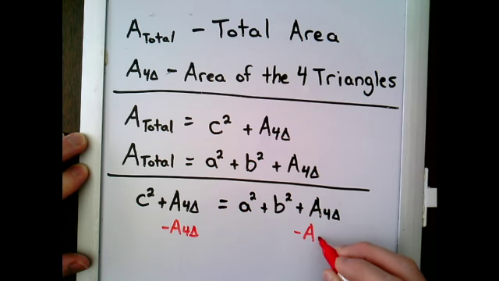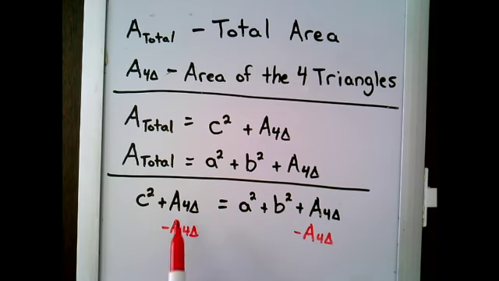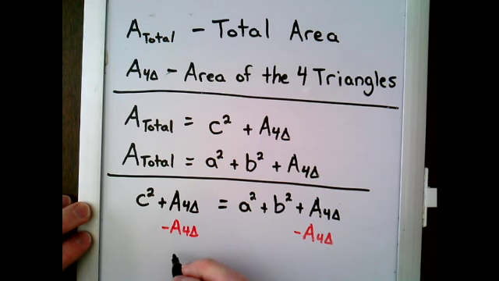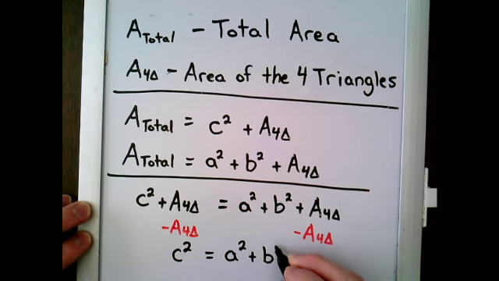So if we take away the area of the four triangles from both sides of the equal sign, then they will simply cancel, and we're going to be left with c squared equals a squared plus b squared.